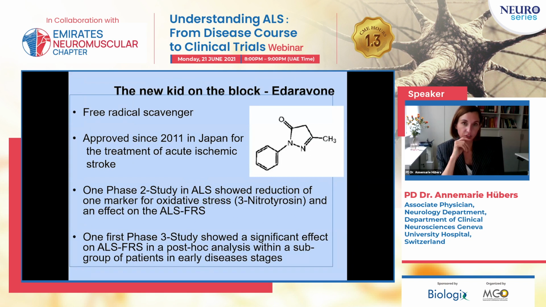It has been approved in Japan since 2011 for the post-treatment of acute ischemic stroke, but it has never really been in use in Europe or the US until a phase 2 study showed a reduction of one marker of oxidative stress and an effect on the ALS-FRS in ALS patients. And one first phase 3 study after that showed a significant effect on ALS-FRS in a post-hoc analysis with a subgroup of quite well-defined patients.